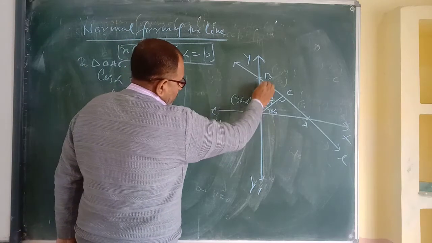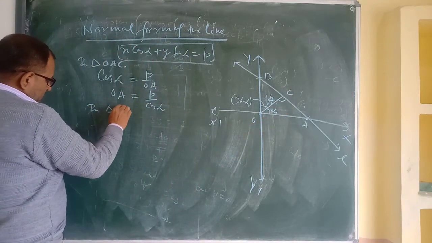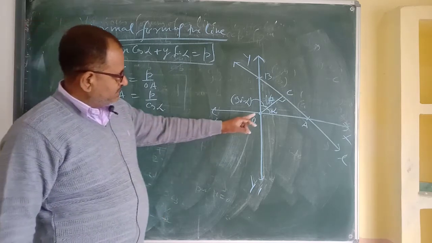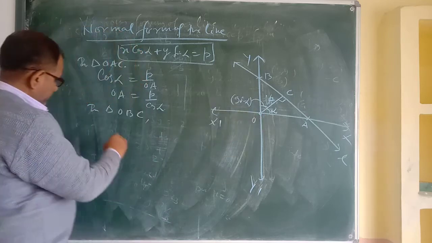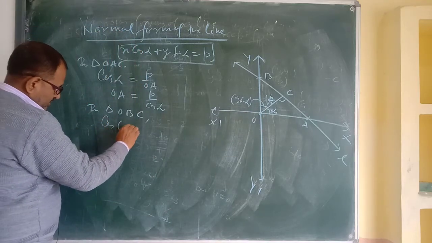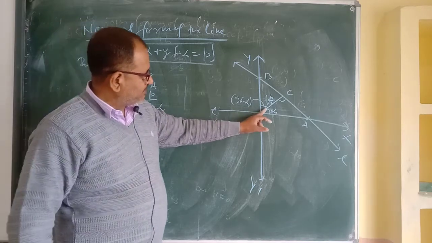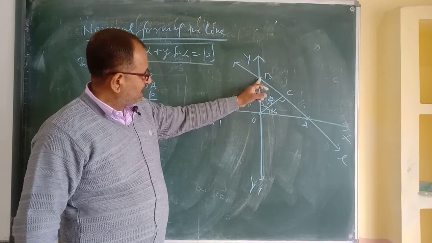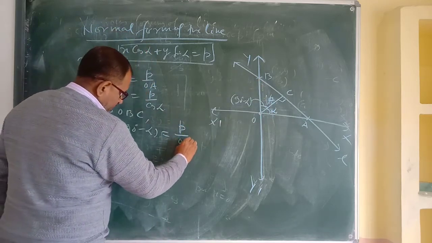In triangle OBC, take this angle: cos of 90 minus alpha is again base upon hypotenuse. The base is p, the hypotenuse is OB, so p upon OB.